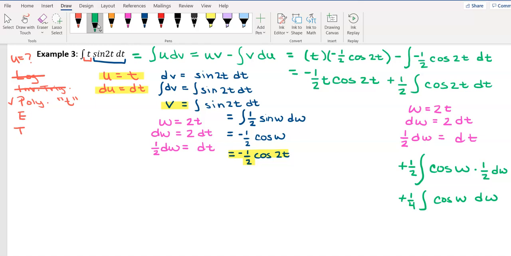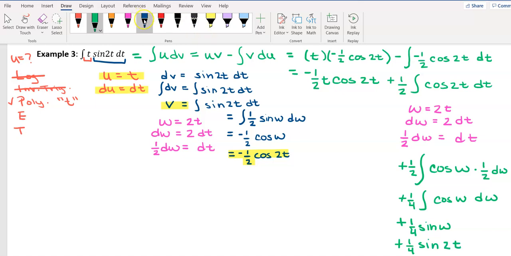The answer to that would be sine. So it's going to be plus 1/4 sine of w, which would be 1/4 sine of whatever w was equal to, which was 2t.